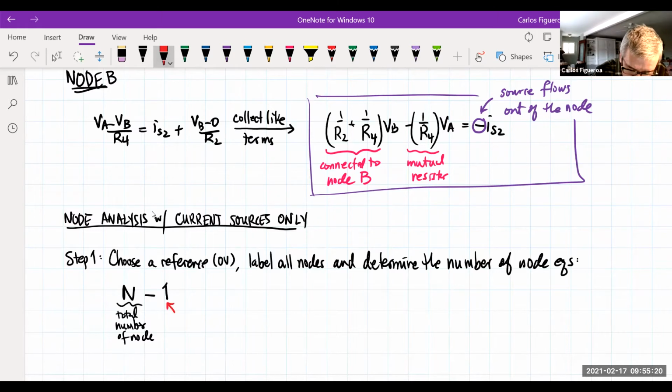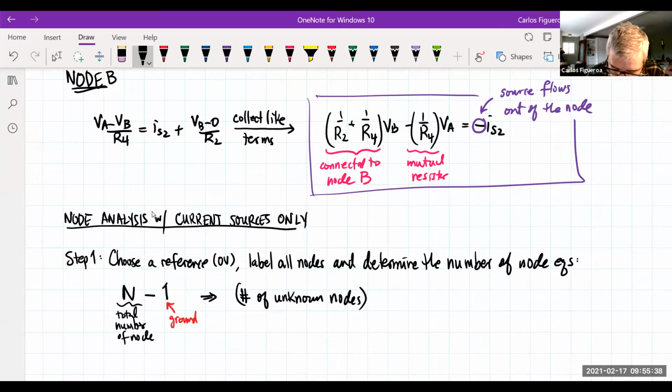Why? Because that's the ground. We already know what the ground is. And so what that tells you is that this gives you the number of unknown nodes, right? So I have n-1 nodes here. So I have a number of unknown nodes, and that should be equal to the number of node equations.